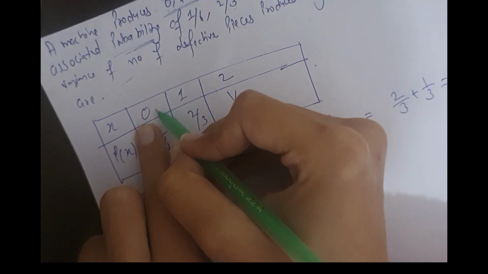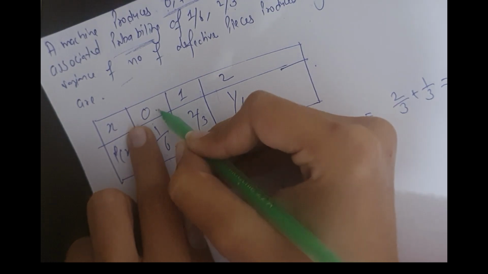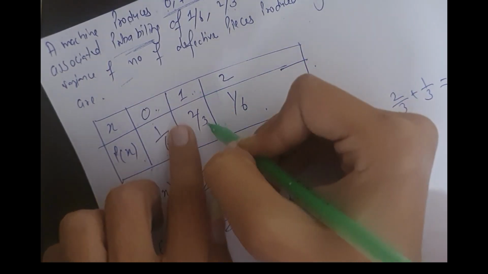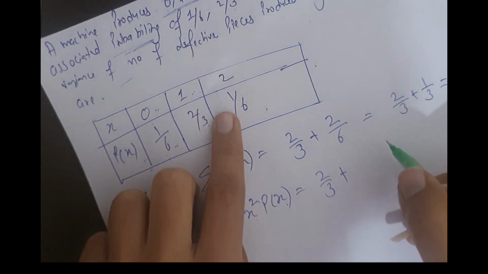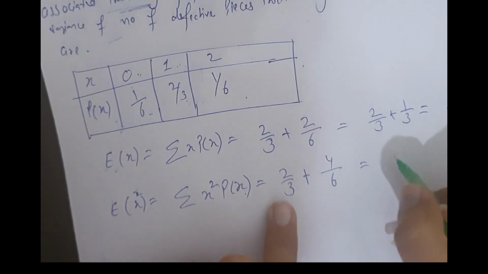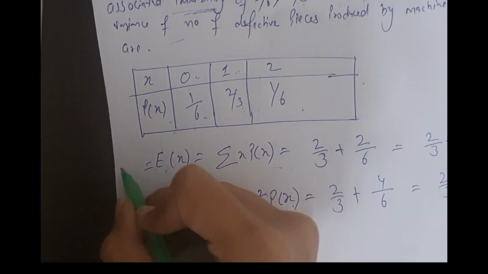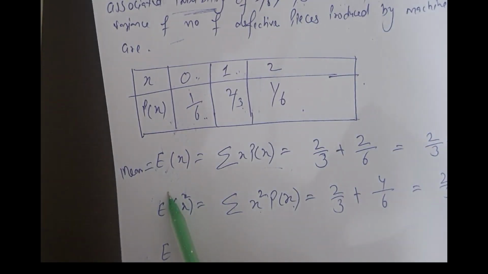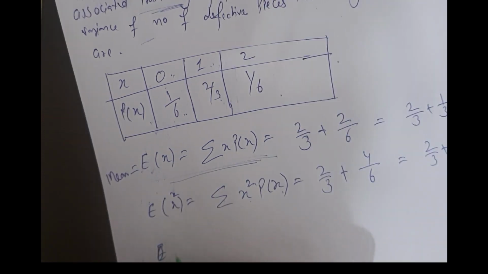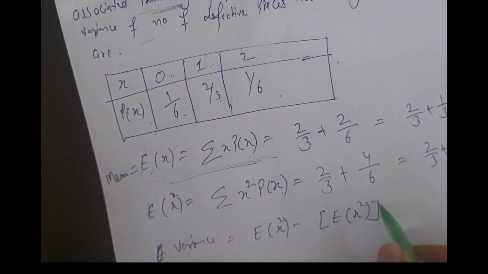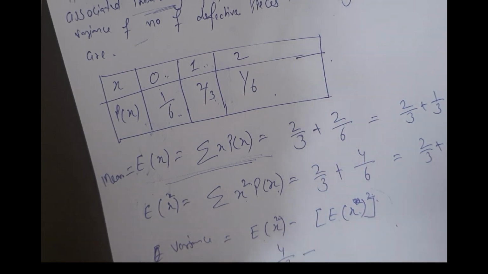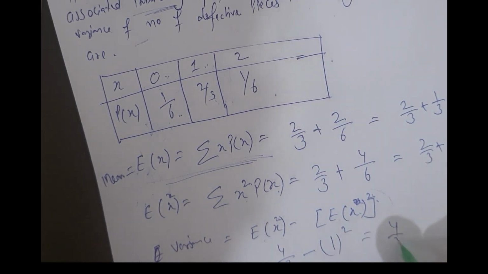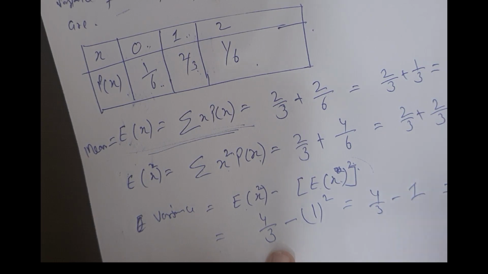Now square this x and multiply with px: 0 into something is 0, and 1 into 2 by 3 is 2 by 3, plus 2 square is 4, 4 into 1 by 6 is 4 by 6. The answer will come out to be 4 by 3. This is the mean, and as I told you in my previous lecture, variance is Ex square minus Ex whole square. Now Ex square is 4 by 3 minus Ex whole square, 1 square. The answer will come out to be 1 by 3.